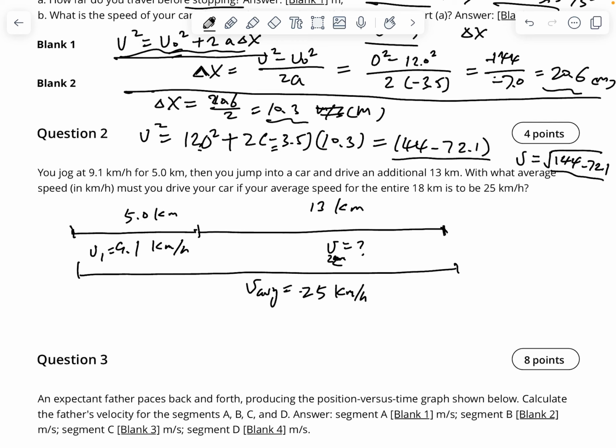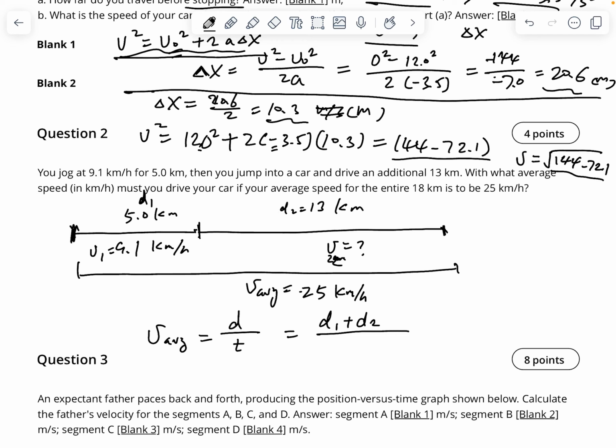Based on the equation of average velocity, average velocity equals distance over time. However, for this distance you have two segments, D1 and D2, so D1 plus D2 divided by time.